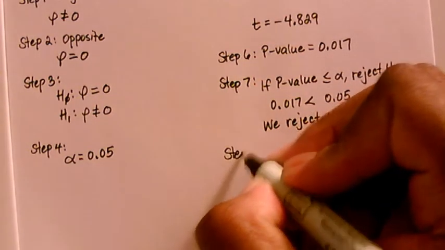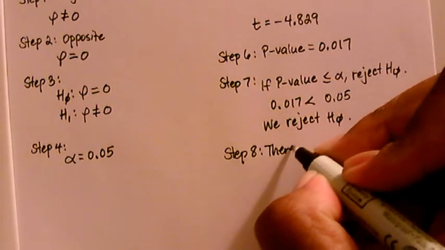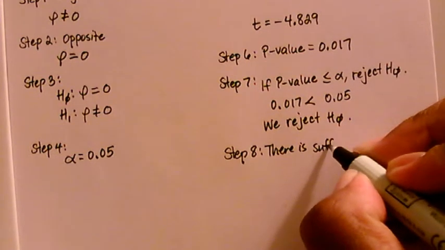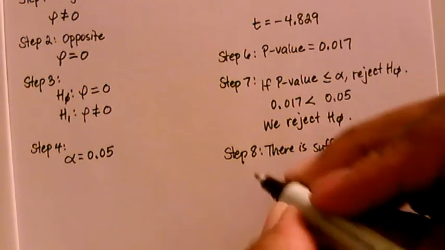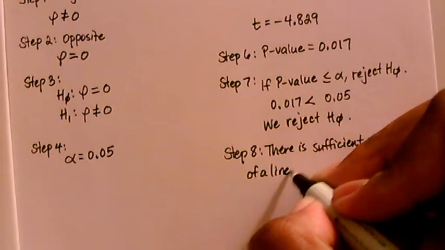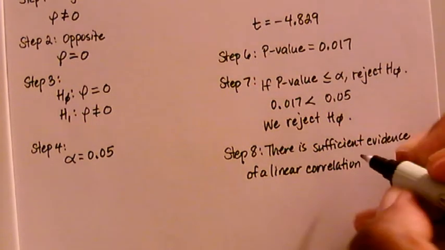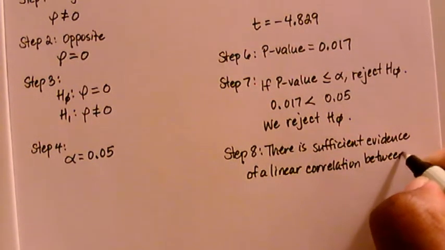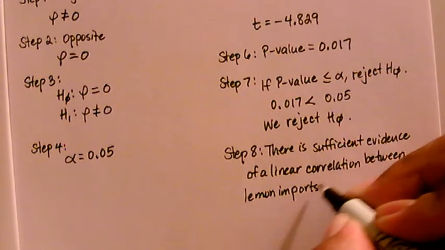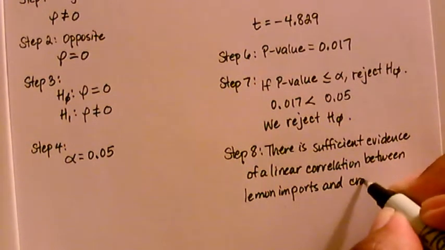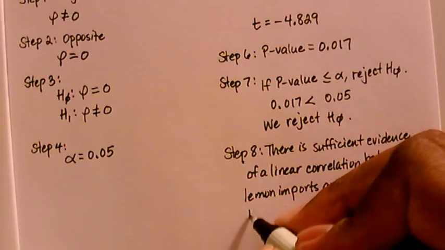So our concluding statement is this: that there is sufficient evidence of a linear correlation between lemon imports and crash fatality rates.